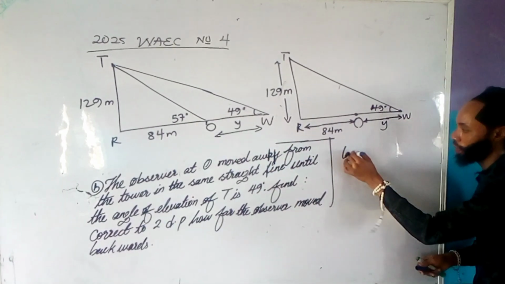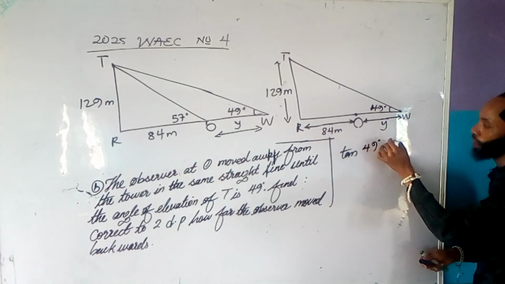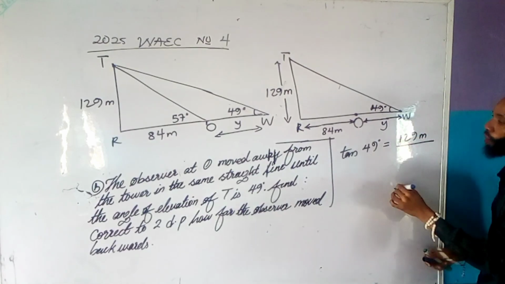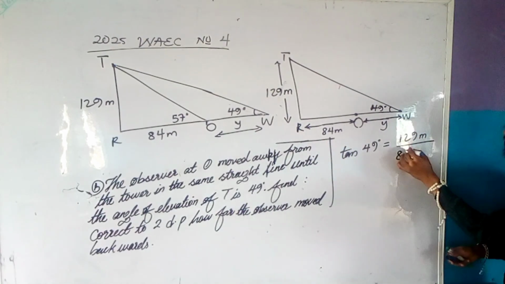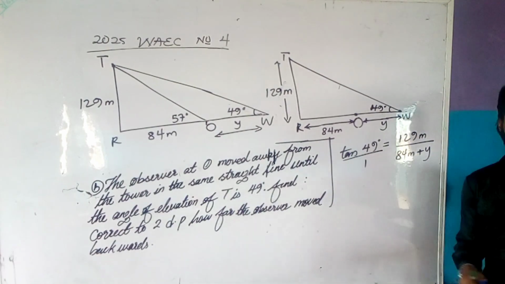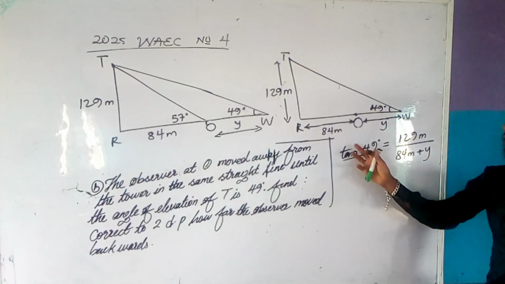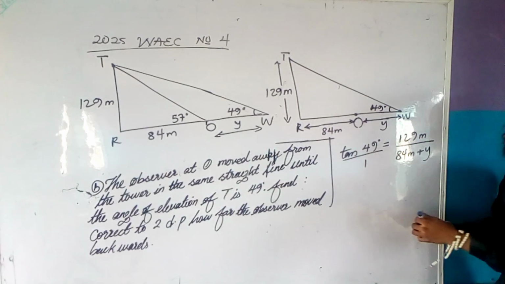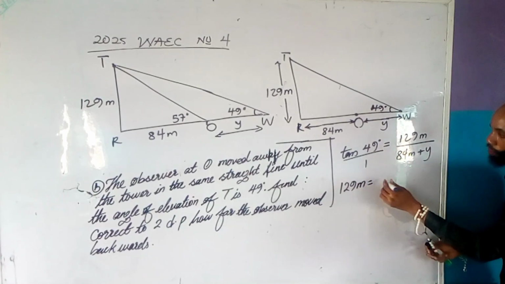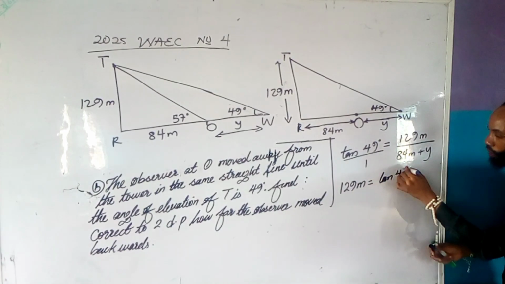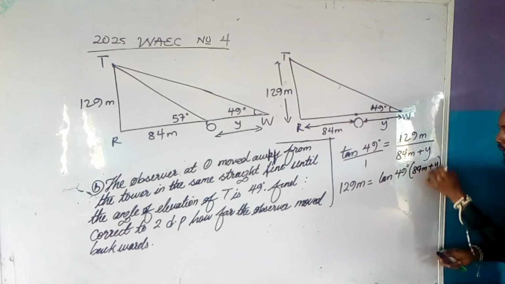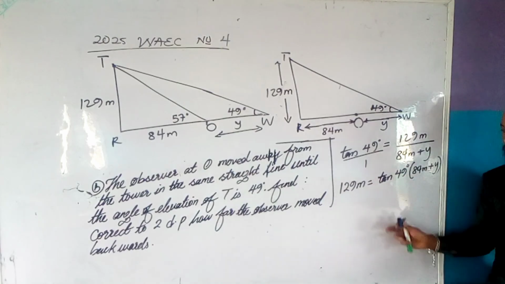It's going to be tan 49 degrees equals opposite, 129 meter, over 84 meter plus y. Remember, we're looking for y. So let us solve this. If we cross multiply, we're going to have 129 meter equals tan 49 degrees into bracket 84 meter plus y.